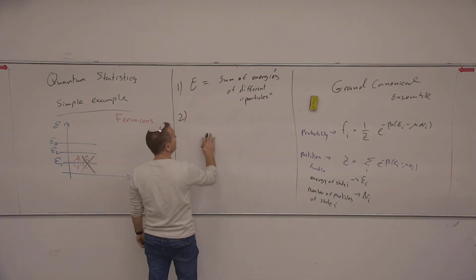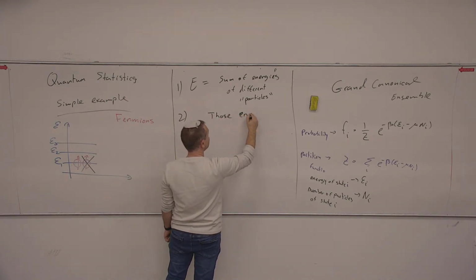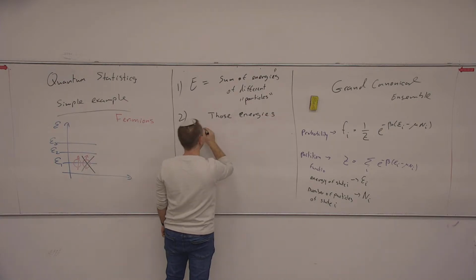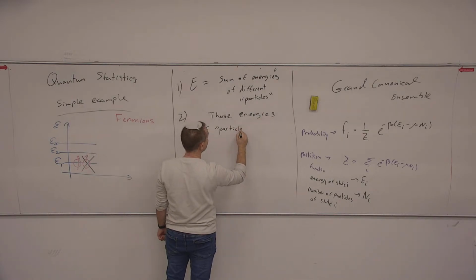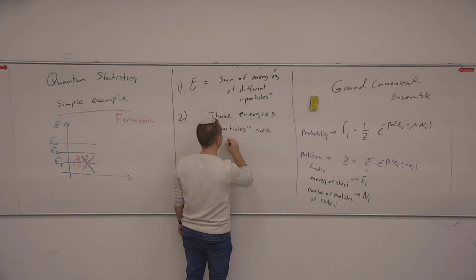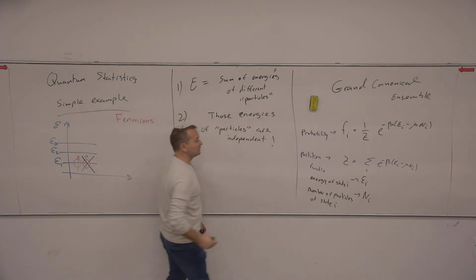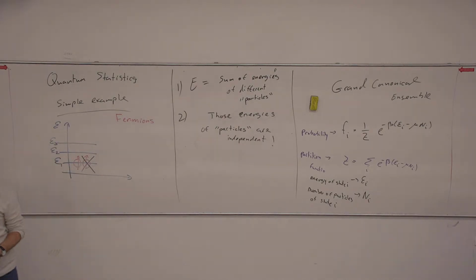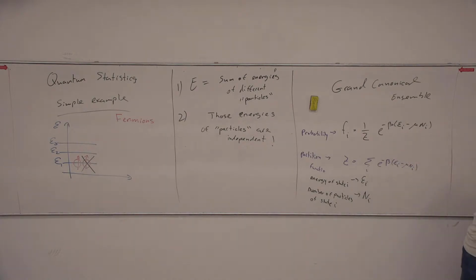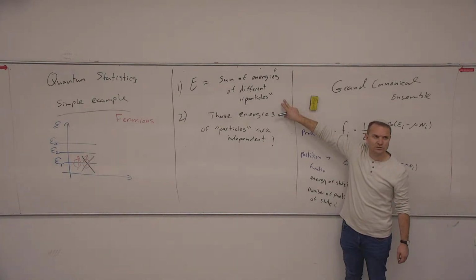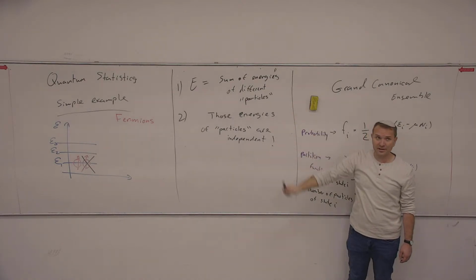Second rule, those energies of particles are independent. So in order to calculate the partition function or to reach factorization, those two conditions have to be satisfied: the additive property, and independence.